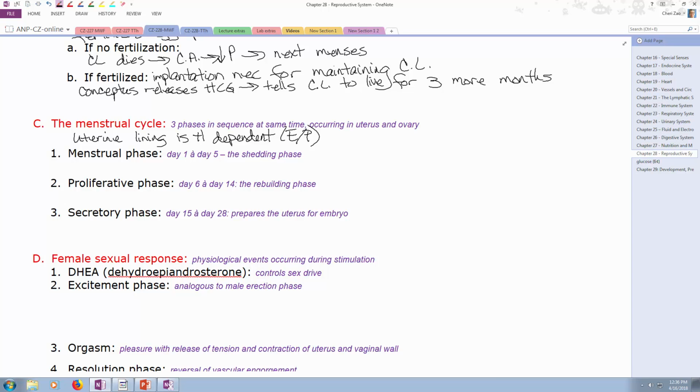So in the menstrual phase, which is day 1 through day 5 or 6, that's what's called the shedding phase. And this is when E and P are at their lowest. So that means GnRH goes up, which means FSH and LH go up.